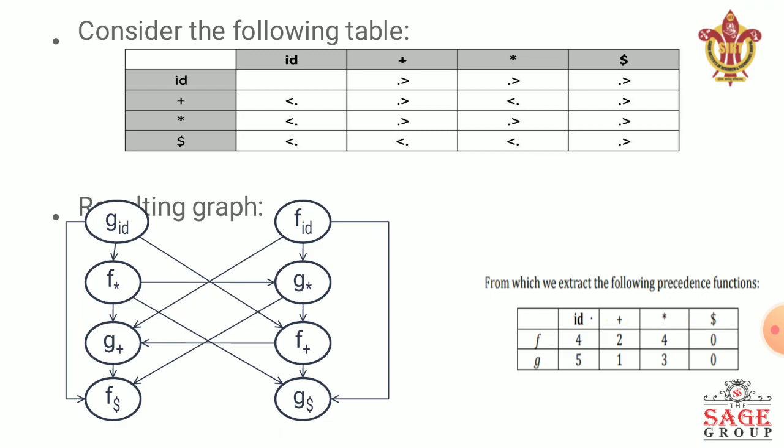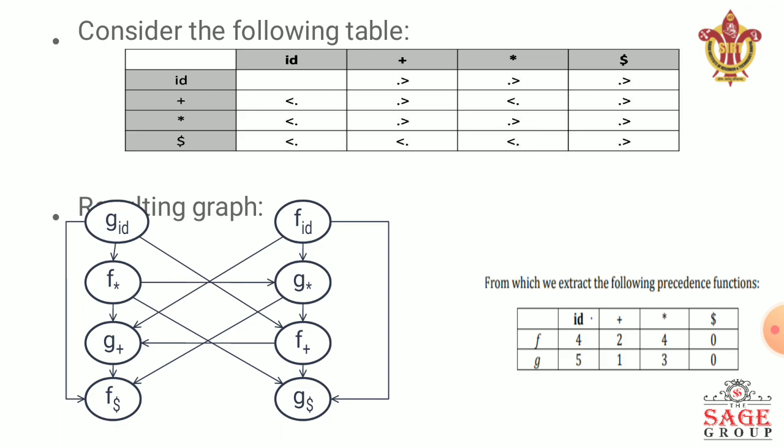Now for each value of f or g, we find the longest outgoing path. Before this, we find the nodes which have only incoming edges, known as sink nodes. Here we see f of dollar is that type of node, so put f of dollar as 0. Similarly g of dollar also has only incoming edges, so g of dollar is also 0.